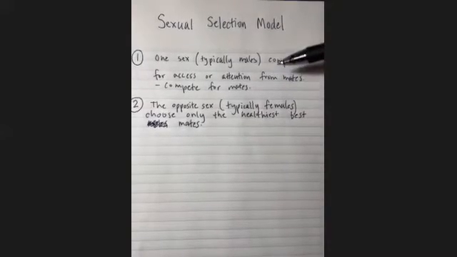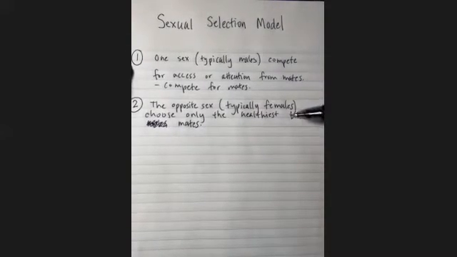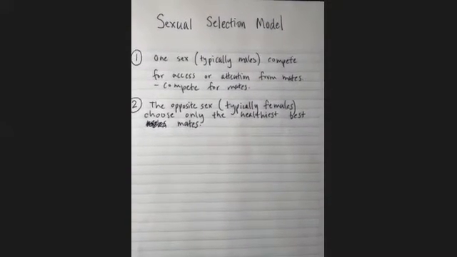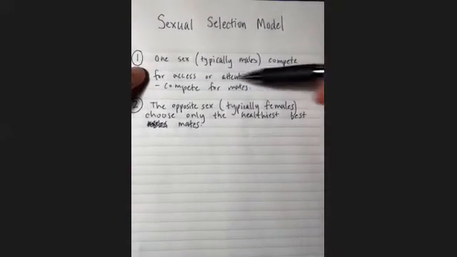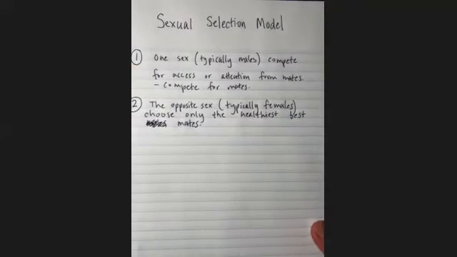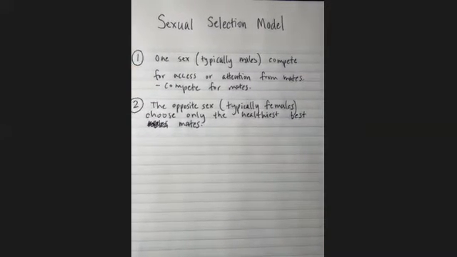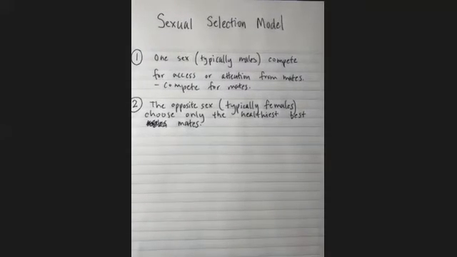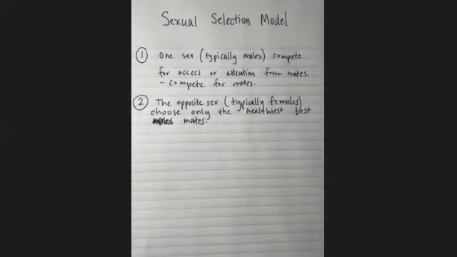Okay, so first condition, there's competition for mates. Second condition, the opposite sex is choosing only the best from the sex that's competing with one another. So typically we have the females choosing from amongst males that are competing. And of course, different species compete in different ways.